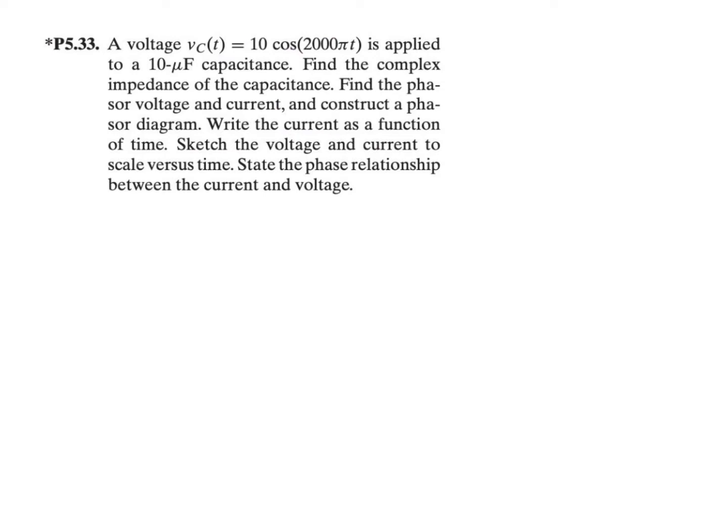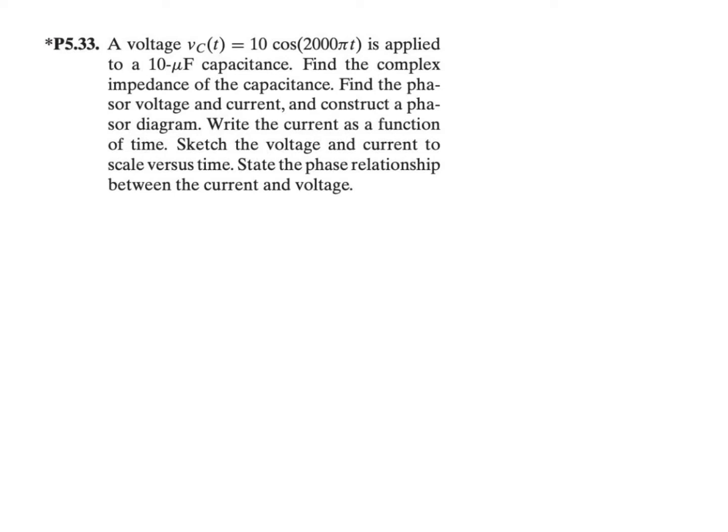Question P5.33. A voltage V equal to 10 cosine 2000 pi t is applied to a 10 microfarad capacitor. Actually, this question is exactly the same as the last question. The only difference is that now it's a capacitor, not an inductor. So we can follow exactly the same steps.